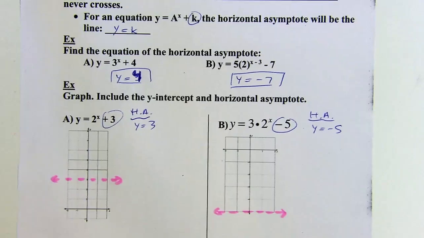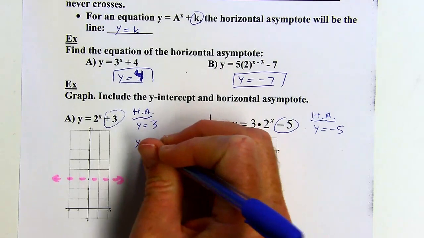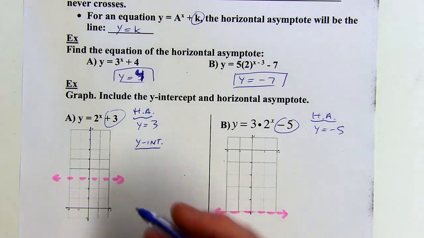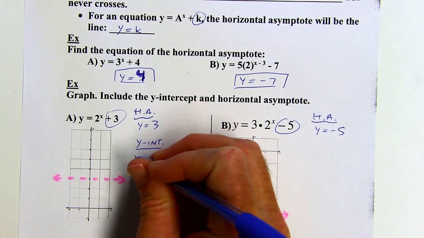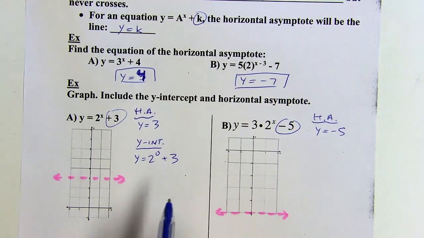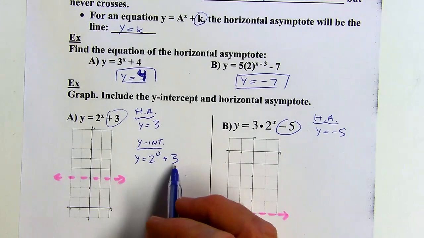Okay. And then let's find the y-intercept for both of these as well. You're just going to plug in 0 for x. Now, we kept getting 1 out for the y-intercept on those previous ones, but that's not going to happen because of the plus 3 here.